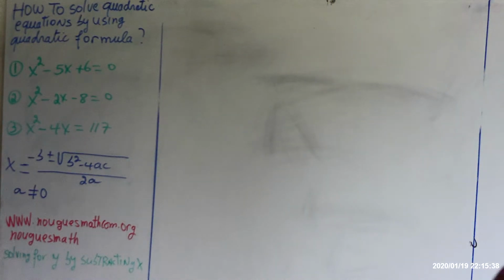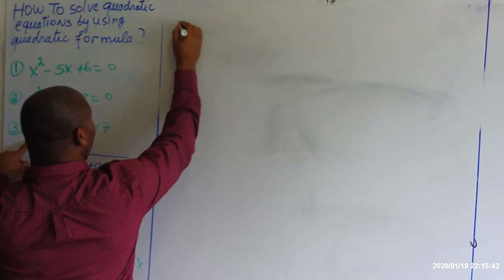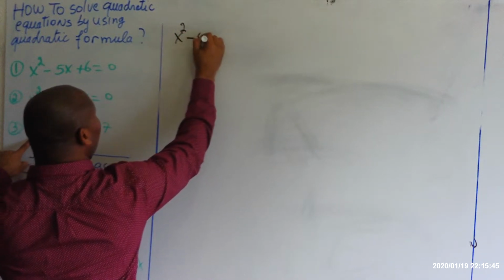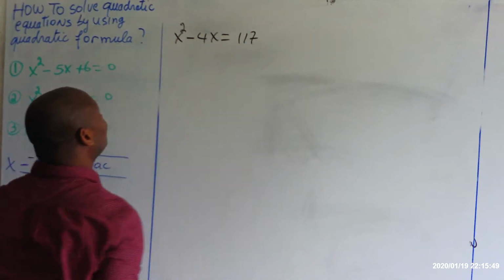Okay, let's do the last equation for you. It's going to be x squared minus 4x equal 117.